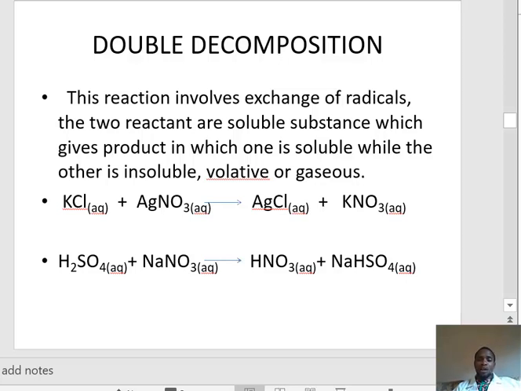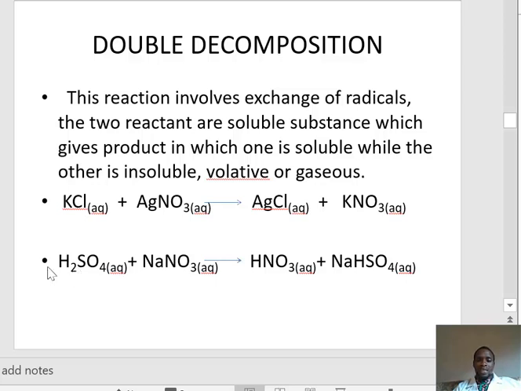Like in these reactions, when KCl reacts with AgNO3, a precipitate of AgCl will be formed, which is an insoluble salt, and it will also give us potassium nitrate. Here you can see how the radicals are exchanged. Potassium goes to nitrate, the silver goes to chloride.